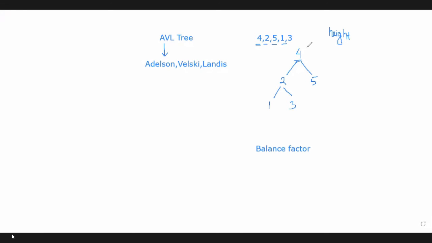There are 3 leaf nodes: 1, 3, 5. 1 is in level 2 and the others are in level 1. So this is the longest path. Now if we count the edges between 4 and 1, how many edges are there? 2 edges. That means for this tree, the height of the root node is 2.